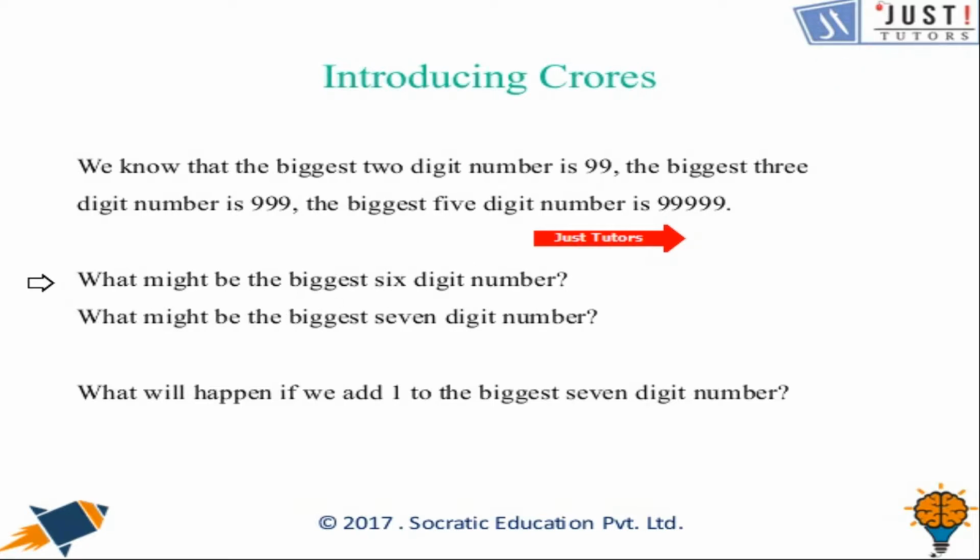So let's try these two questions. What might be the biggest 6-digit number and what might be the biggest 7-digit number? You are correct, so I'll just write the numbers there for you. The biggest 6-digit number is 9,99,999, and the biggest 7-digit number is 99,99,999.